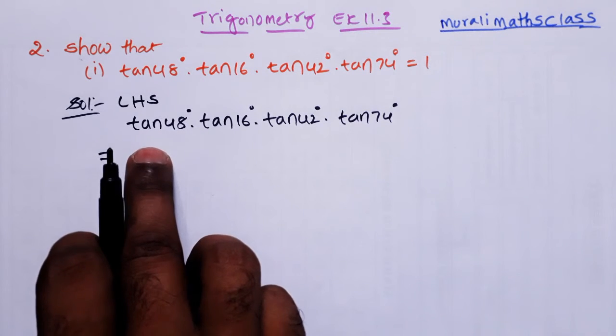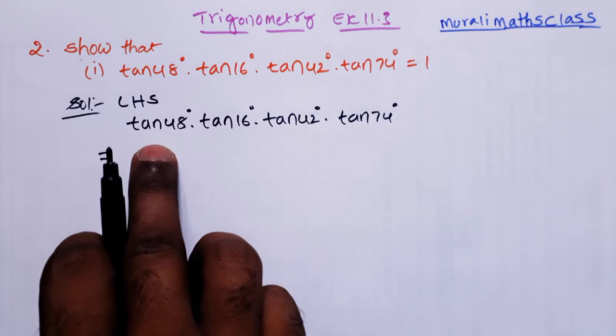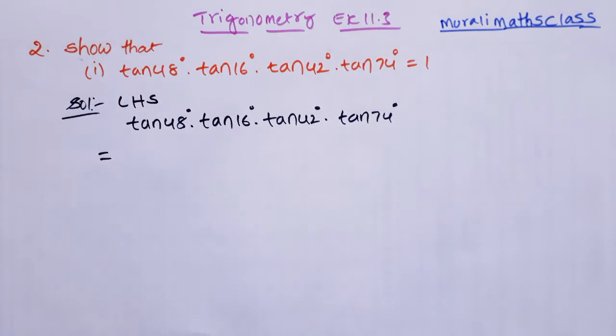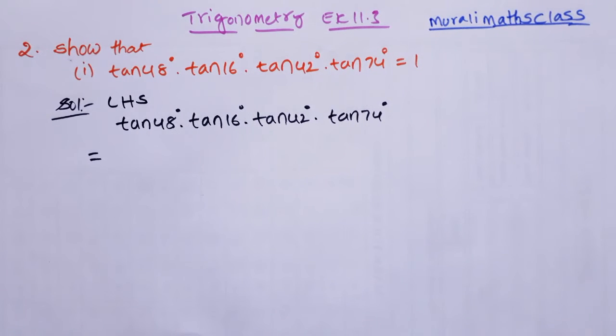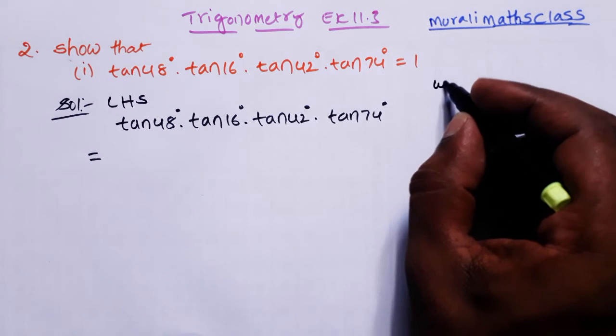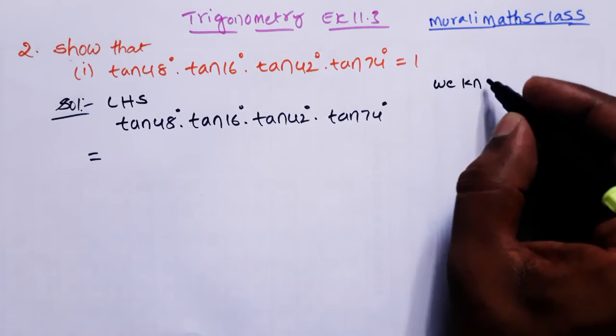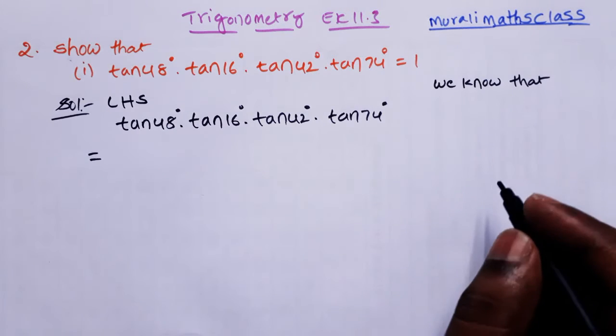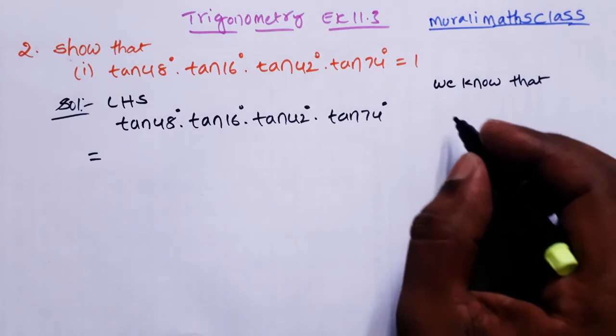First I will take this tan 48. Tan 48, how to write in terms of cot? We will see now. So we know some formula, no?